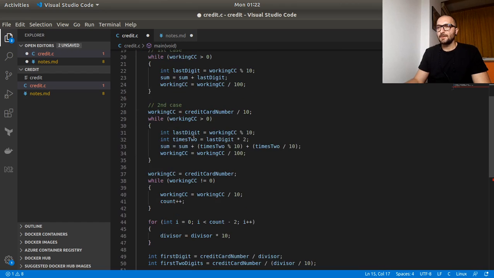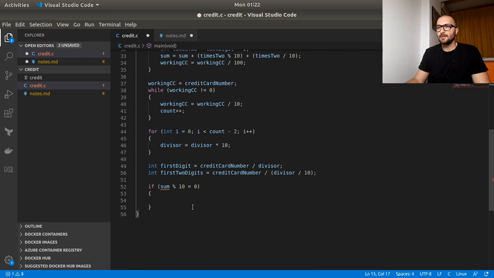Change it here. We change it here. Sum modulo 10 equals 0. Am I using the incorrect amount of equals? Yeah, that was it. So this is how we verify the condition. I'm sorry about that.